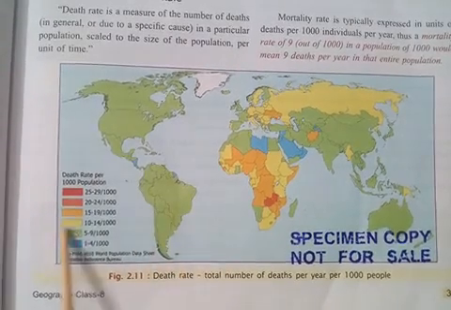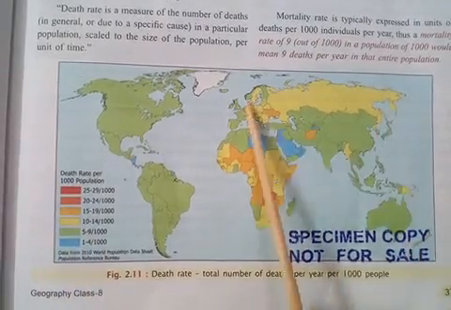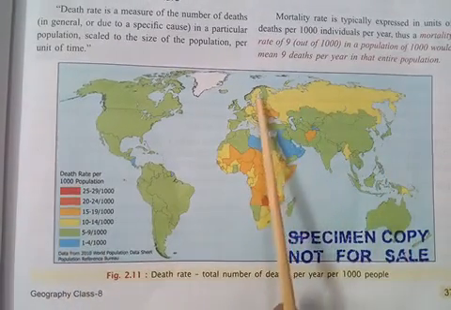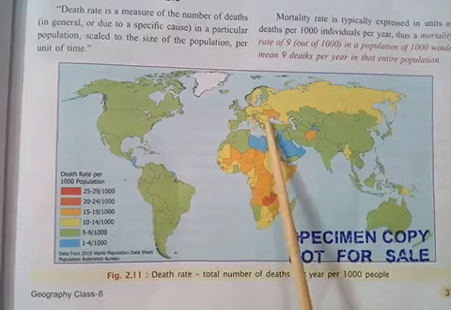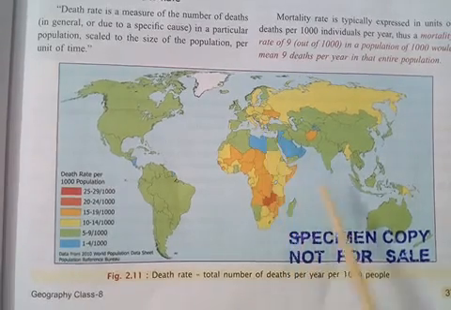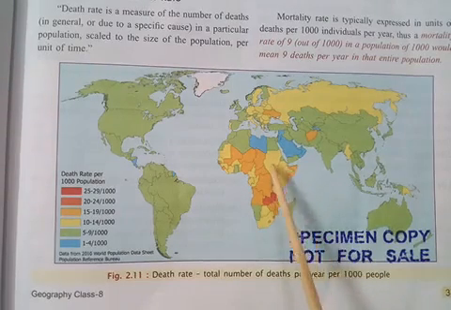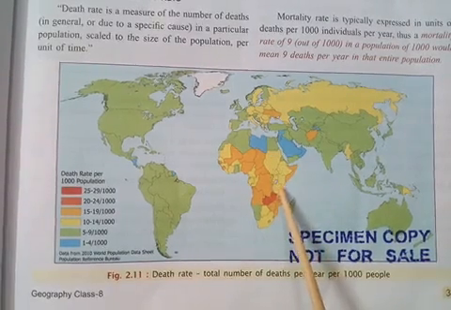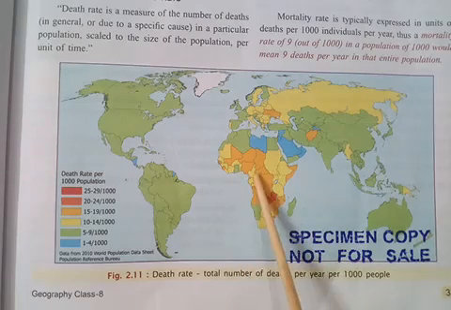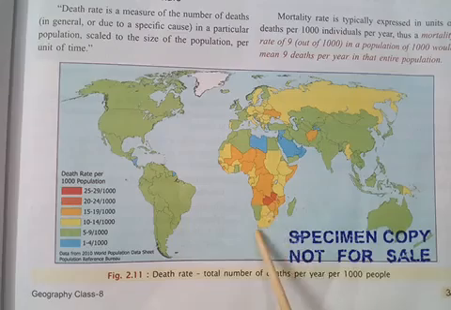Now let's see the yellow color. You can find the whole of Russia shown in yellow. Then the eastern part of Europe, many countries are shown in yellow. In Africa also there are many countries in the eastern part and western part, then the southern part of Africa, South Africa, Zimbabwe.